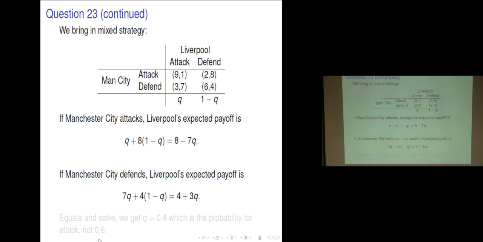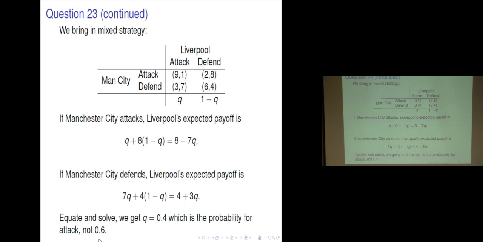Then you can draw the lines and analyze that his best payoff is at the intersection of the two lines. I don't want to repeat the whole process; I'll say equate and solve. You equate the two equations and find where Q is. It turns out Q is 0.4. And this 0.4 is really for the probability of attacking. It's not for the defending, right?